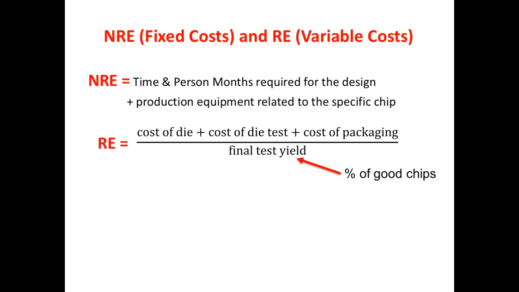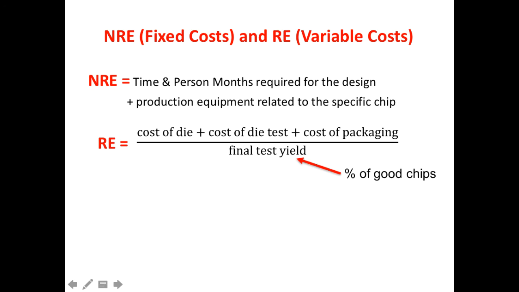Okay, so the die is the small rectangle of silicon on which you have the final integrated circuits. Then you have to add the cost of die test, and then you have to add the cost of packaging, of putting the die into a package and soldering everything together.